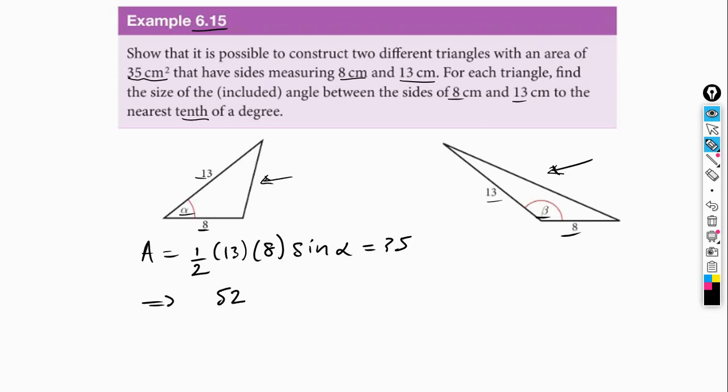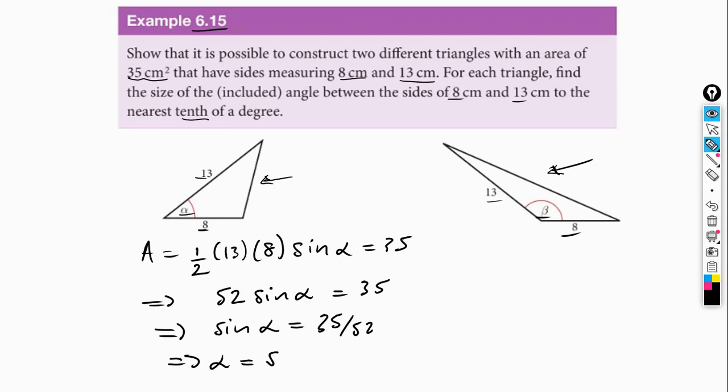So 52 sine of alpha is equal to 35. Therefore, sine of alpha is equal to 35 over 52. And then alpha is going to equal the inverse sine of the ratio 35 over 52. We make sure that our calculator is in degrees. We plug this in and we should get approximately 42.3 degrees.